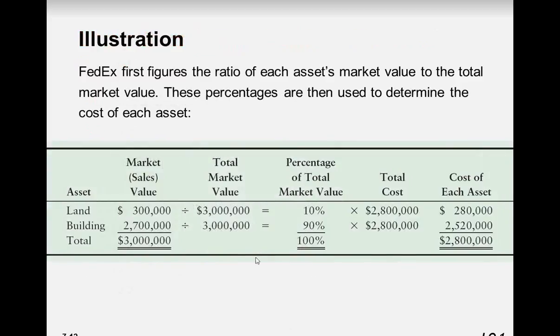So we do that allocation by listing the actual market value of each item, divide it by the total market value, and we see that the land is 10% of the cost and the building was 90% of the cost. Take that times the $2,800,000 we actually paid to get the amount of money that we record for each item.